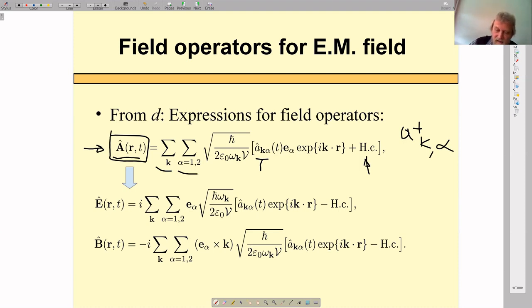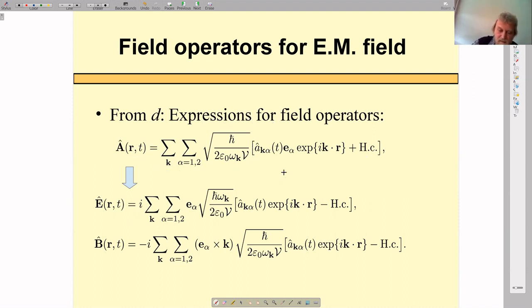There is a normalization factor, and there are these operators accompanied by their wave functions, which are in this case plane waves, and also polarization vectors. Fine.